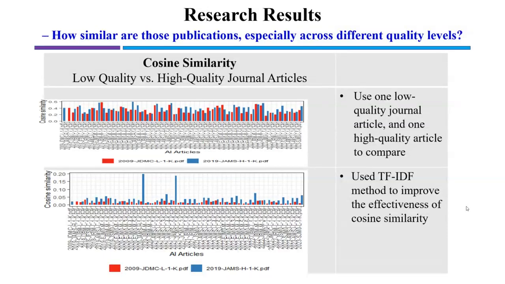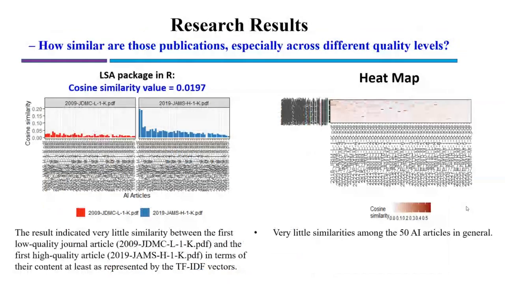as you can see, the papers have very little similarity. Okay, so besides this method, as I mentioned, the last step is we need to do a robustness check. So I try to use many different methods to see whether I can come up with the same conclusion. So then I use another method to analyze the data, from another R package.